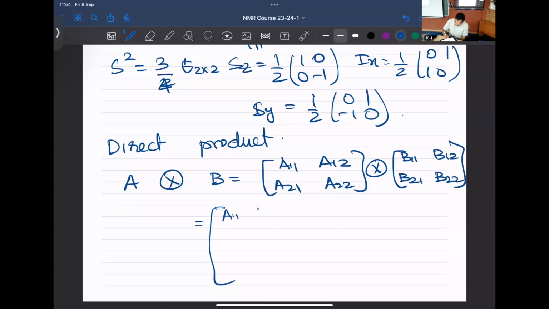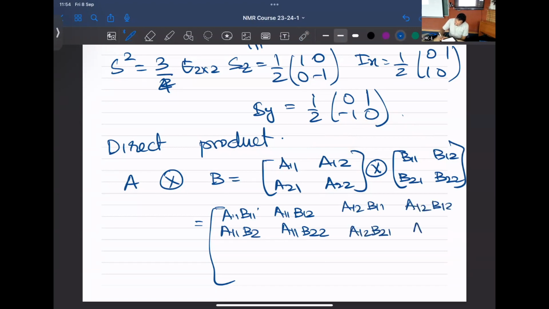This is going to be, literally take this one and multiply all parts of this. So A11 B11, A11 B12, A11 B21, A11 B22. And then take the second element, multiply every aspect and put it on the other side. A12 B11, A12 B12, A12 B21, A12 B22.